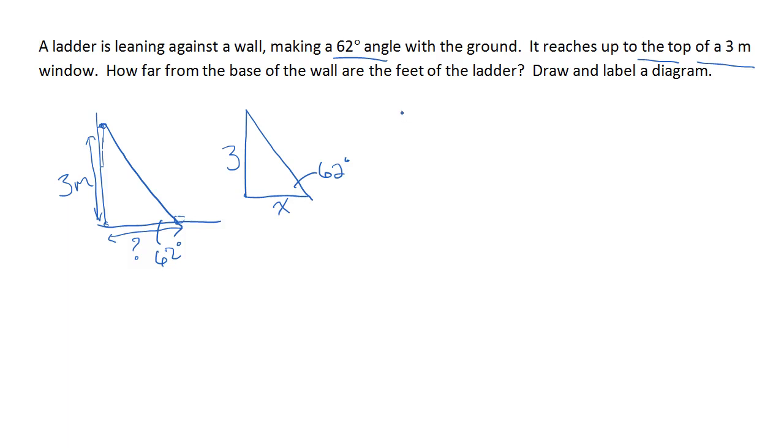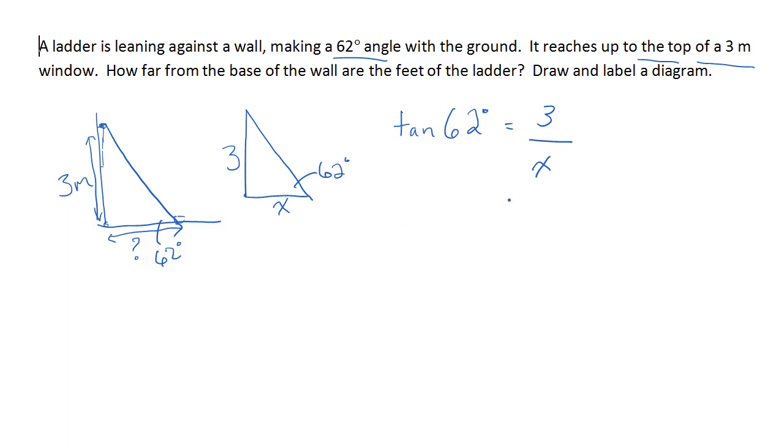So we're going to use our tangent ratio. So tangent of our angle is equal to opposite, in this case 3, divided by adjacent. And our adjacent is x. I picked an x to label my unknown side. You could pick whatever letter you want.